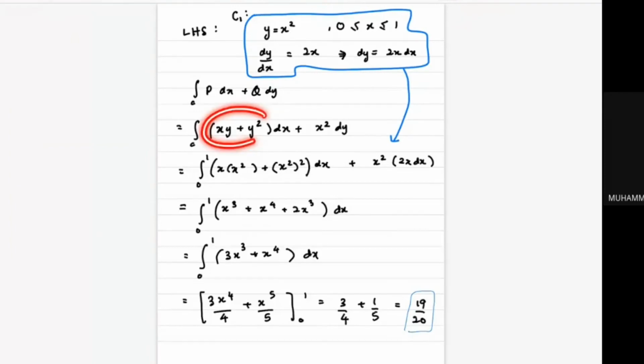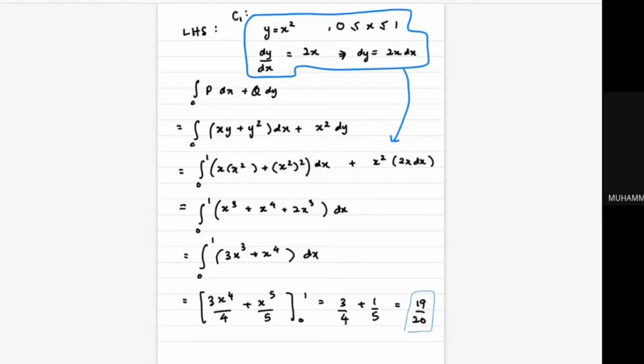This is your P, this is your Q. Then substitute your y here. Y is equal to x squared. So xy will become x cubed, and y squared will become x squared squared, and dy here will become 2x dx.